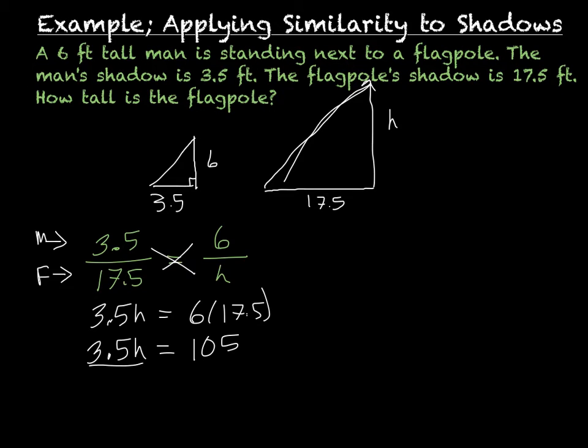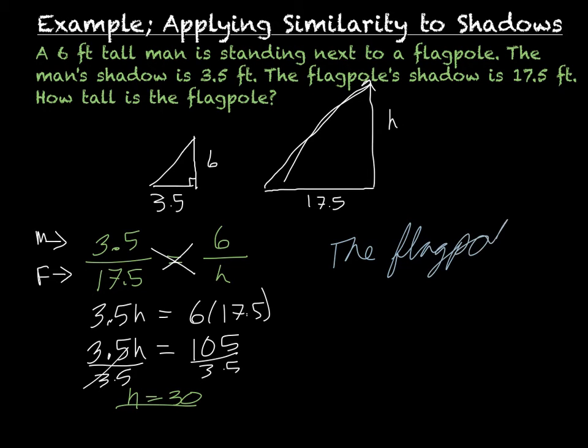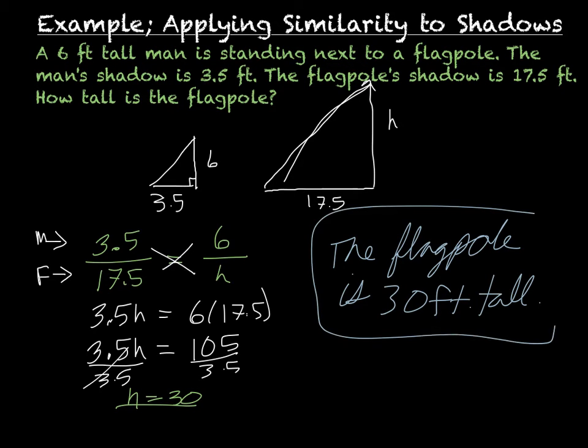So I'm going to divide by 3.5, and I get h equals 30. What does this mean? This means that the flagpole is 30 feet tall. Make sure you can explain what number you found. And that's all you have to do.